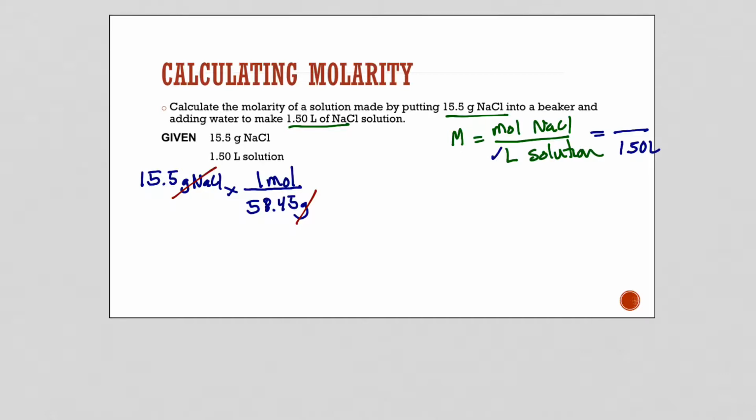Now, just to remind you, the way we got to this was to take the mass of sodium and the mass of chlorine off the periodic table and add them together. And that's where we got to this 58.45. So if I do this calculation, I'm going to get 0.265 moles of sodium chloride. So now we have what we need to calculate the molarity.